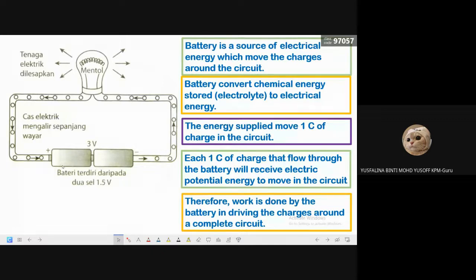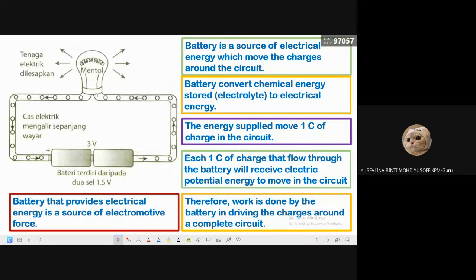Therefore, work is done by the battery in driving the charge around a complete circuit. The battery that provides electrical energy is the source of the electromotive force.